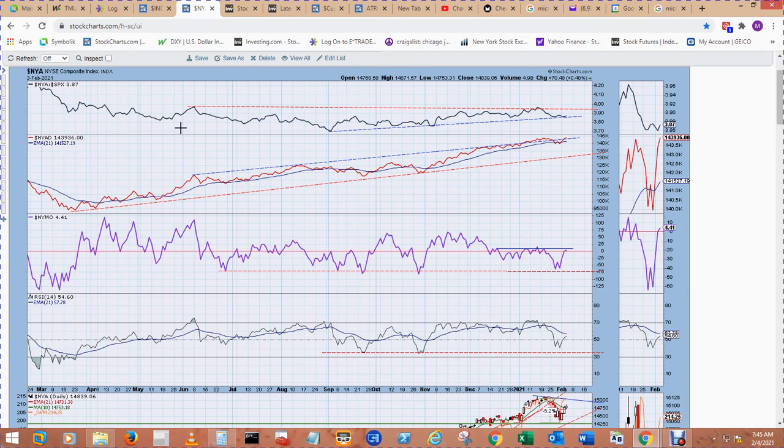So the NYA SPX is comparing the performance of the NYA against the S&P 500. S&P 500 stocks can be listed in the NYA.